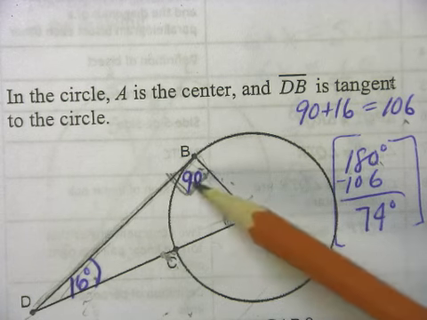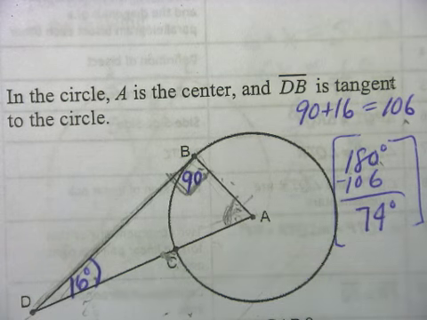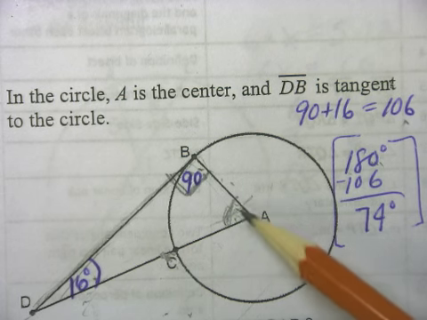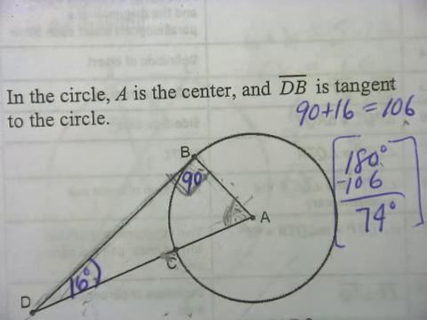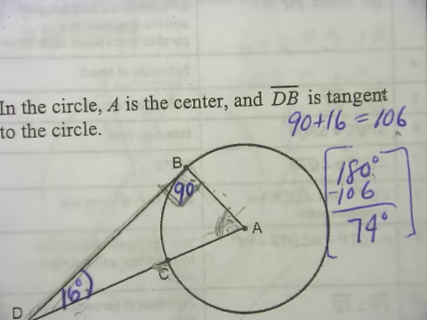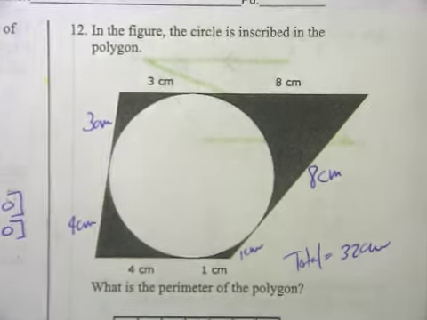So this angle here is going to be 74 degrees, and together, all three angles equal 180 degrees. So the measure of angle CAB is 74. And you notice that was not a multiple choice question. Let's move on to question number 12.